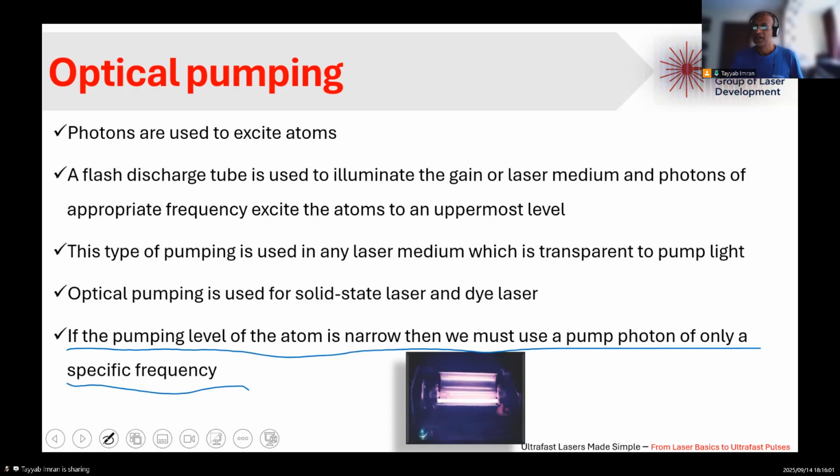If the absorption band or pump level of the atom is broad, meaning it can absorb many light wavelengths, then it's okay to use white light, any flash lamp. But if it is narrow, then you must use a pumping source with a specific frequency, like in the case of titanium sapphire or something like this.